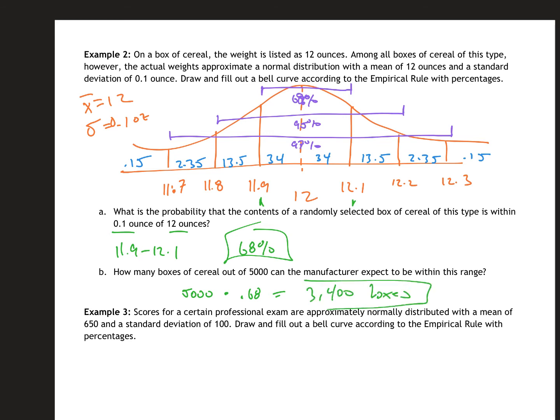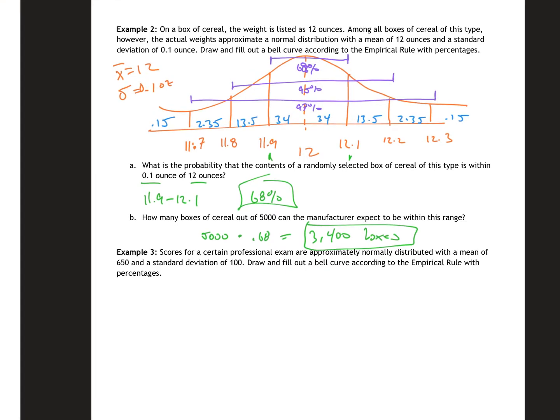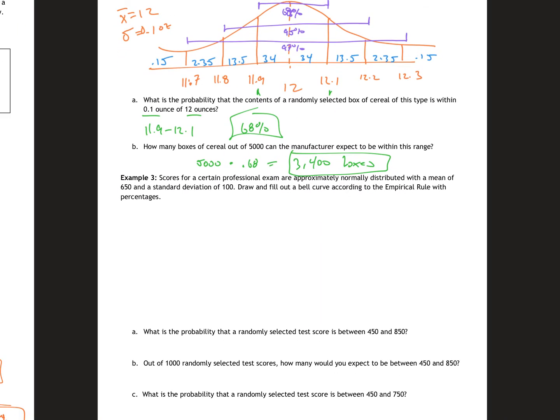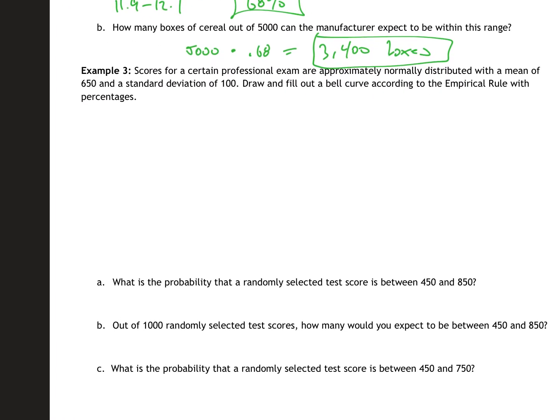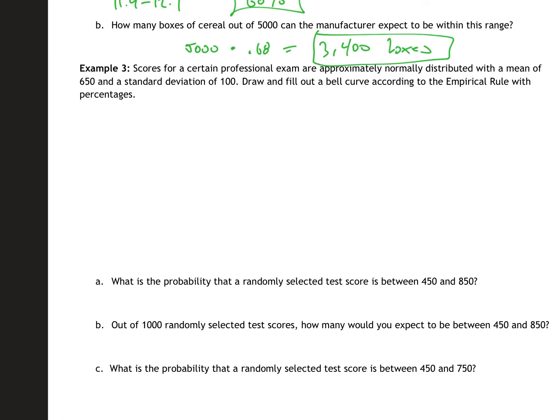So we're going to use our chart to answer questions. If you have your percentages, you don't have to draw them every time, but that also helps a lot. It makes things quicker. So scores for a certain professional exam, one more, and then we get on to some other stuff, are approximately normally distributed with a mean of 650 and a standard deviation of 100.